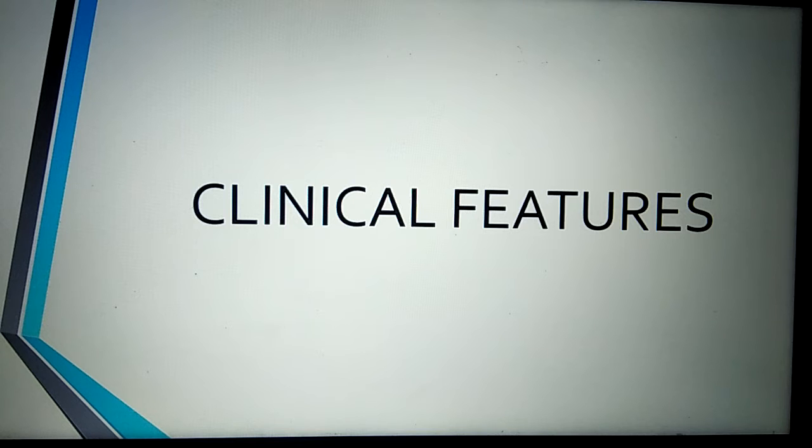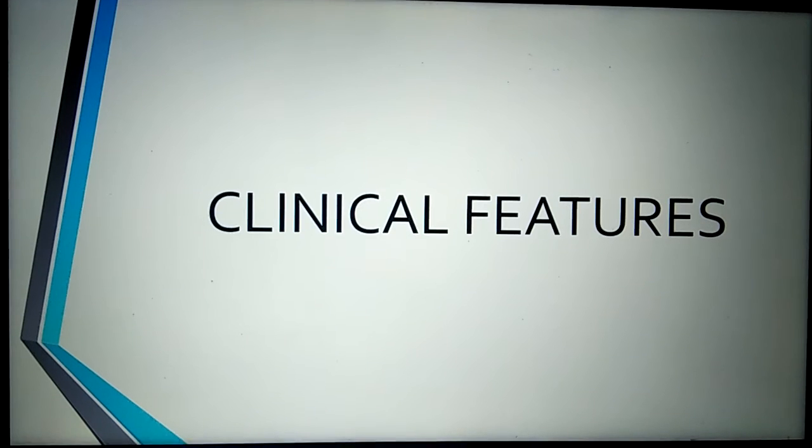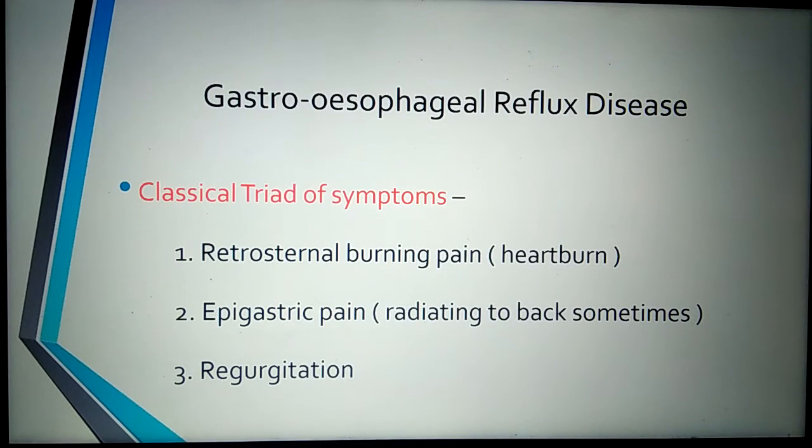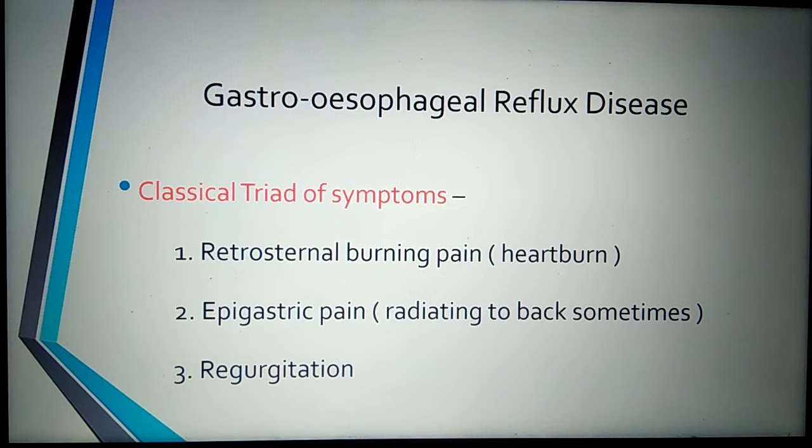Now let's go through the clinical features of these patients. In gastroesophageal reflux disease, patients usually present with a classical triad of symptoms.